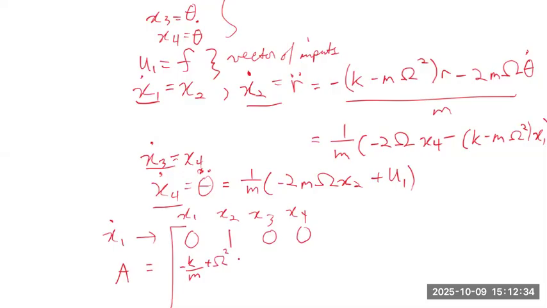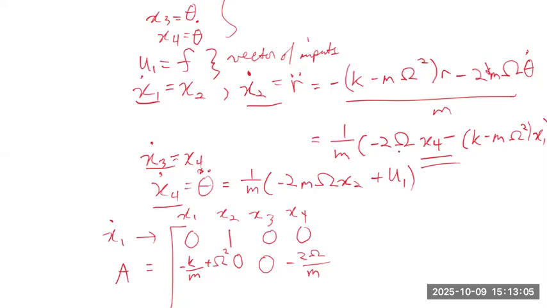We have no x2, no x3, but we do have one x4 over here, which is negative 2 omega over m. Let me see, did I miss something? Oh yes, sorry, I missed the m over here.